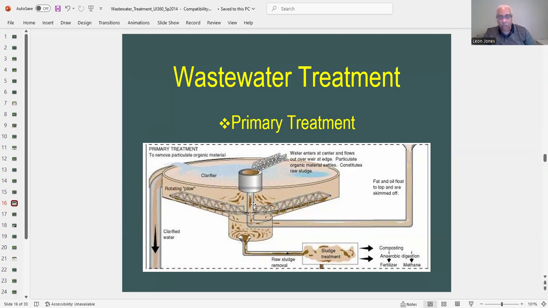And then you have your rotating plow at the bottom. Water enters at the center and flows over a weir at the edge. This is your weir right here. And it constitutes raw sludge.